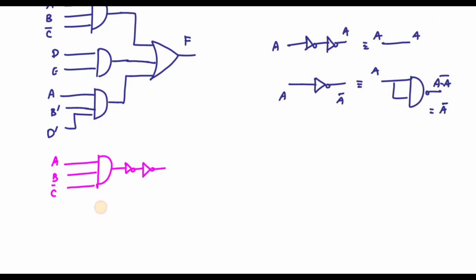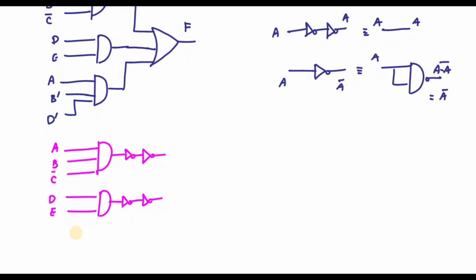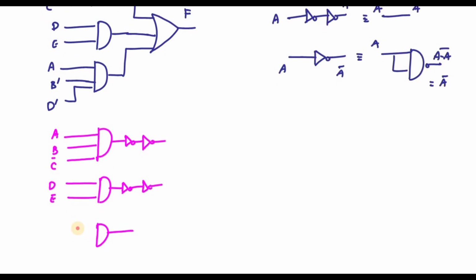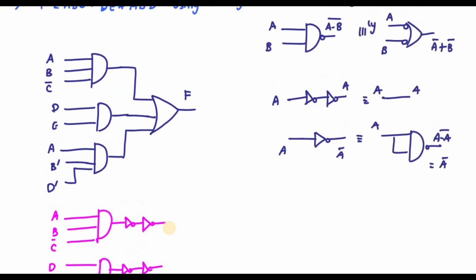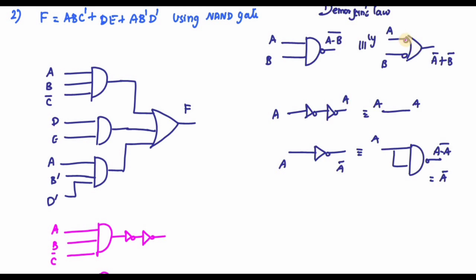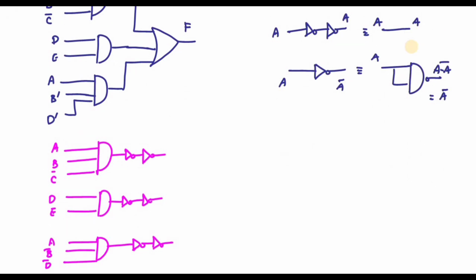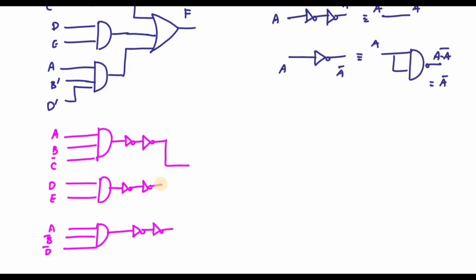Again, this one is D, E, and this one is A, B bar, D bar, right? And you can see I'm going to insert two NOT gates at the input side of the OR gate. So now this is my input side of the OR gate, and I'm going to add two NOT gates.